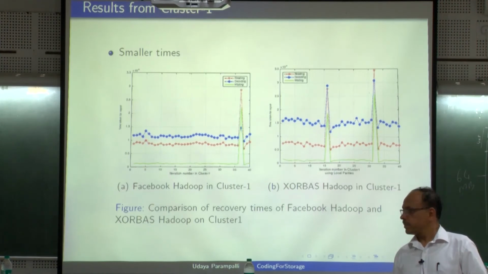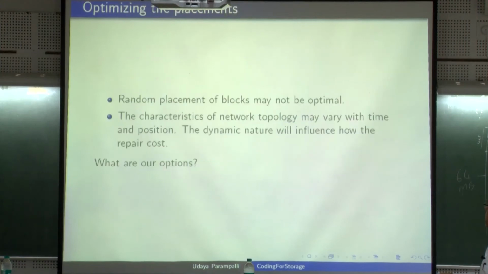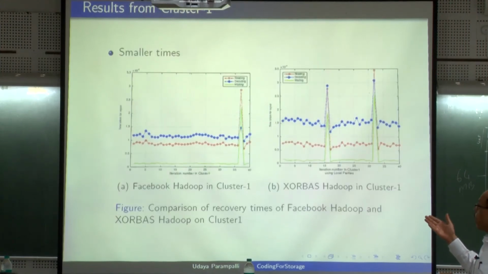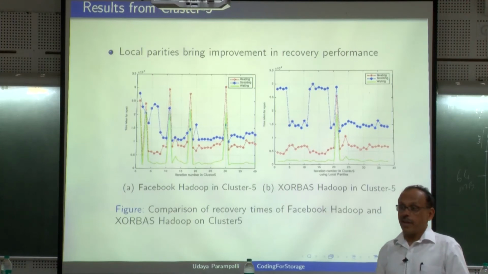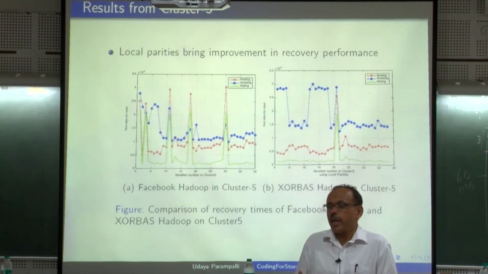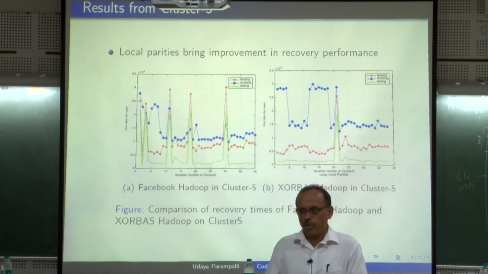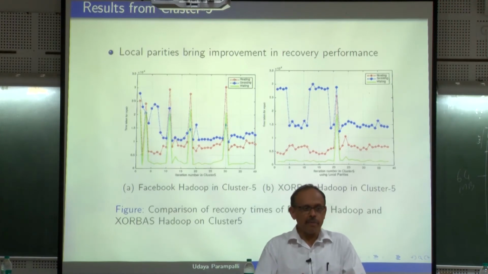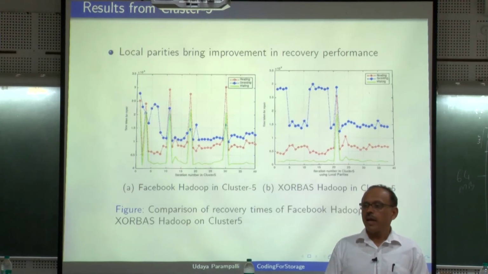With these results, we found that the times for cluster 1 were always better than the times for cluster 5, because cluster 1 is all co-located. That gives you a heuristic: if I have some extra parity blocks, please add them to the same cluster. That might bring the cost down a little bit. So it's kind of adding heuristics.